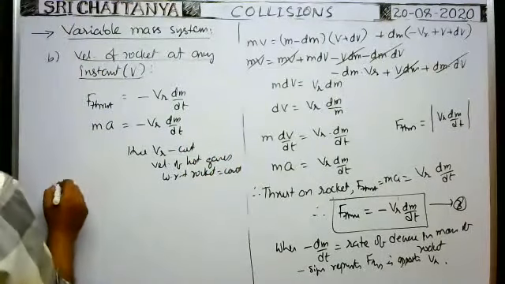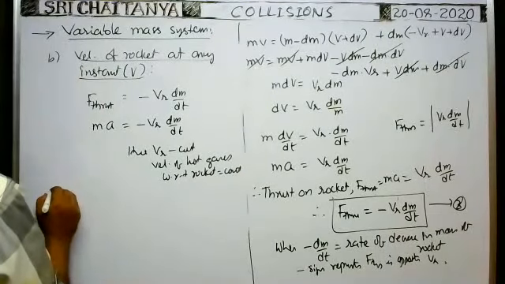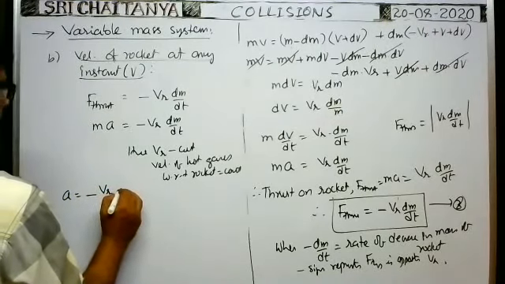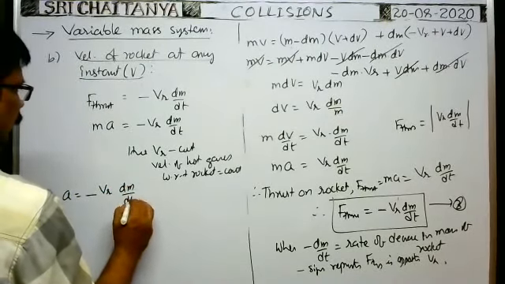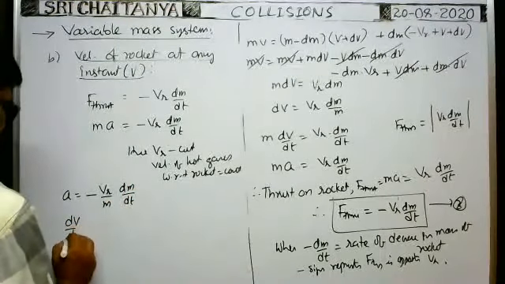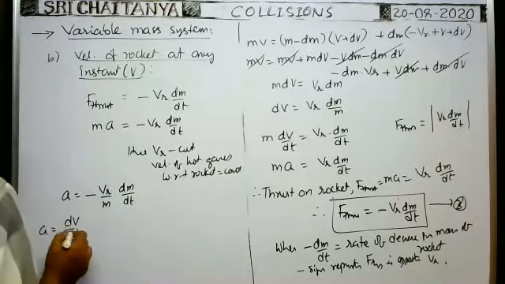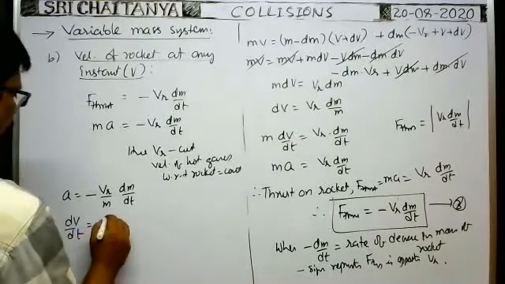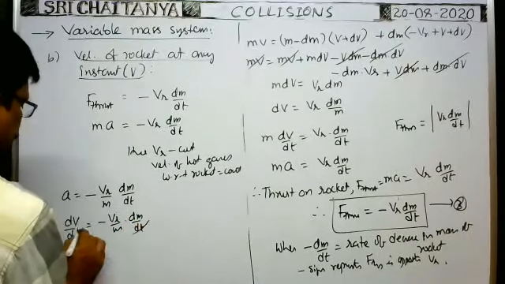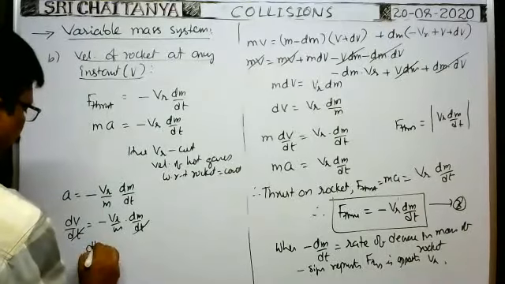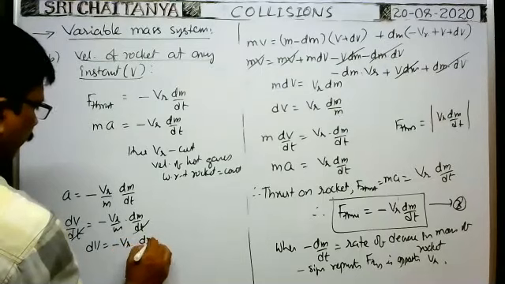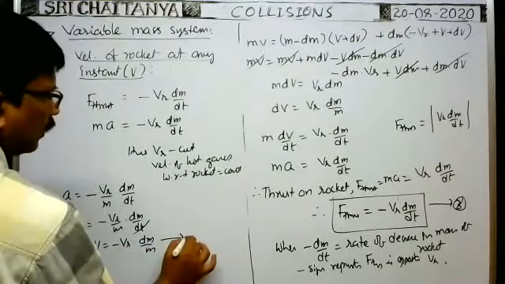So from this, the acceleration of the rocket is A equal to minus Vr into dm by dt by m. A means dv by dt, so dv by dt equals minus Vr by m into dm by dt. dt cancels, so dv is equal to minus Vr into dm by m. Write this as equation 4.